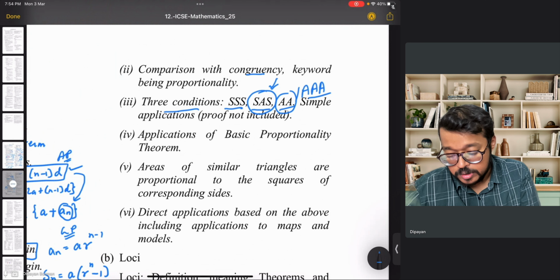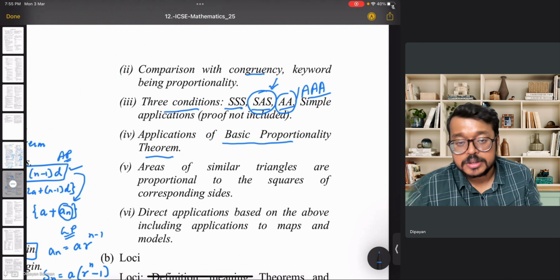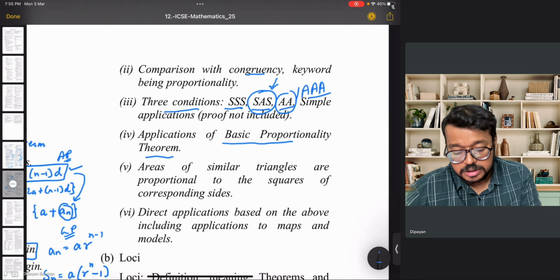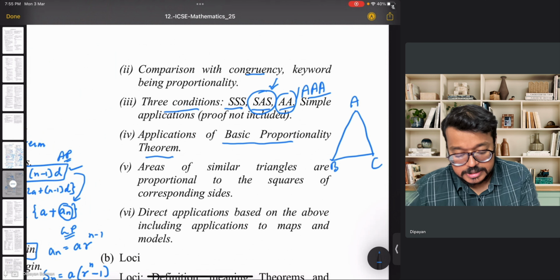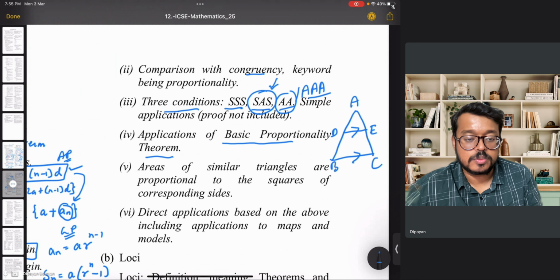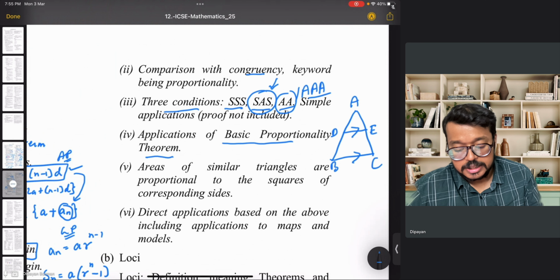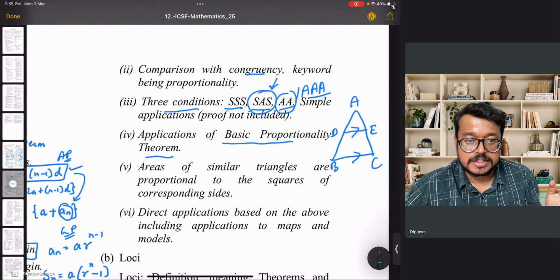Then there is a theorem called the basic proportionality theorem. In a triangle, let's say ABC, if I have any line, let's say DE, which is given to be parallel to one side BC, then the two other sides of the triangle, AB and AC, are divided in the same proportion.